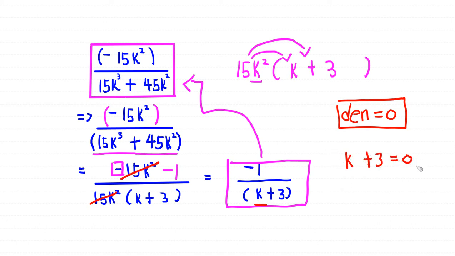If we input that k value into the denominator, it will make the expression undefined. We subtract 3 from both sides, and that leaves us k equal to negative 3. And we're done. This was the second example of simplifying rational expressions.